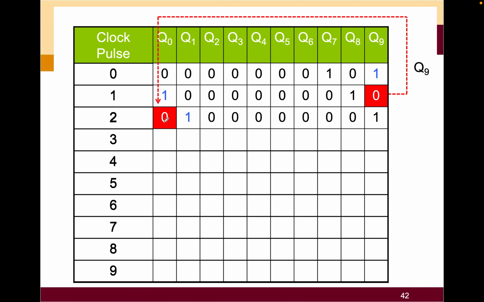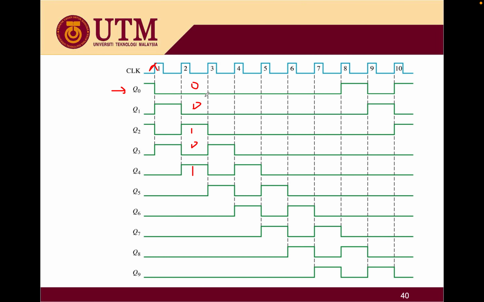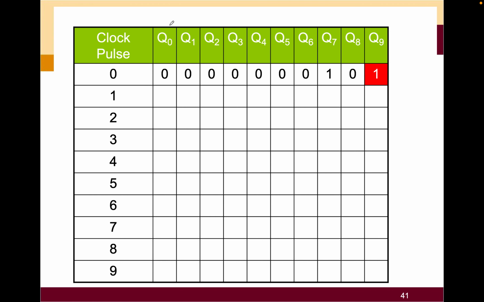Okay, you can see here, this is your Q0, Q1, Q2, Q3, Q4, Q5, Q6, Q7, 8, and 9. But you can see at your clock 1 here, it's slightly different. This is in terms of the timing diagram. This is in terms of the final for your table.